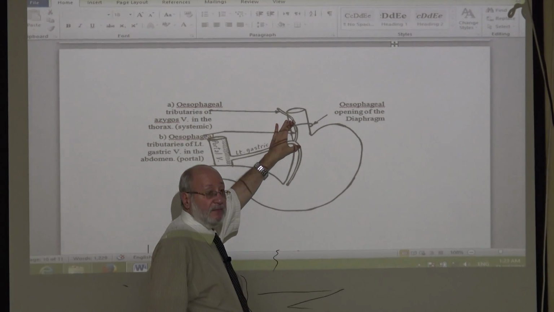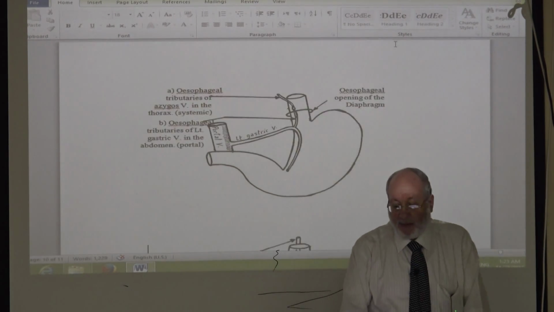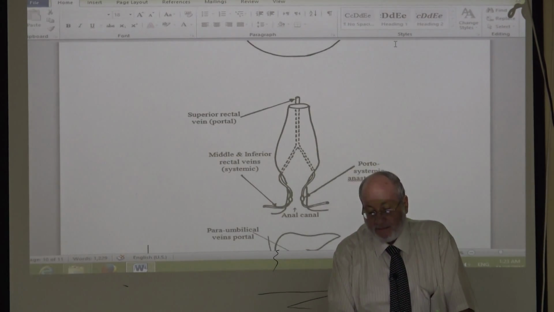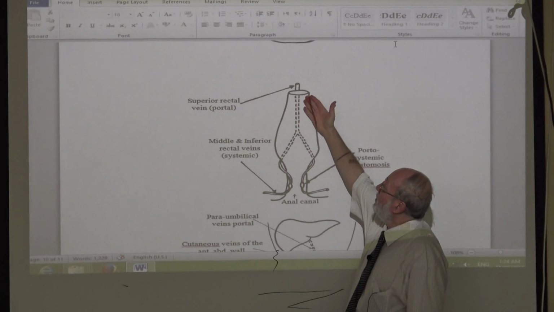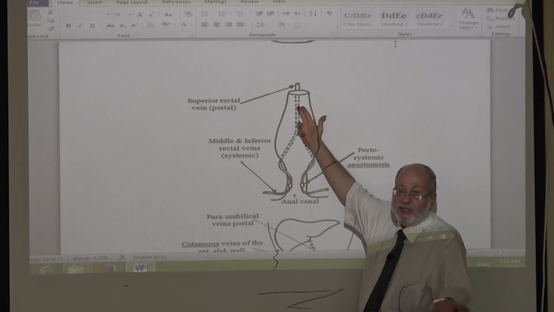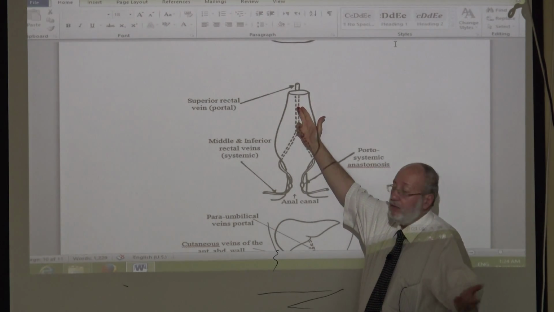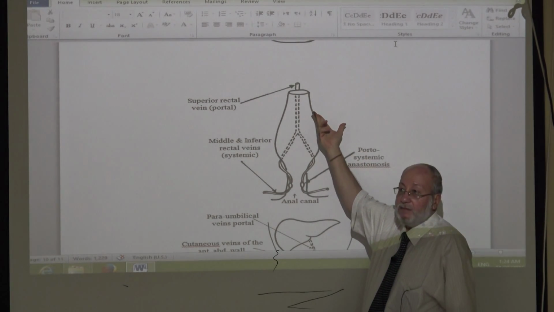The same occurs below in the lower part of the rectum and the upper half of the anal canal. Normally, the upper half of the anal canal and the rectum are drained by the superior rectal vein, which is portal or systemic? Portal. Superior rectal becomes inferior mesenteric, draining into splenic.